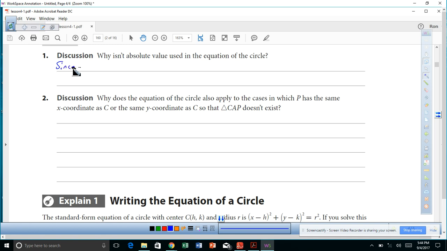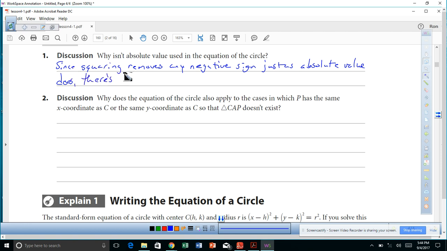Well, since squaring removes any negative signs, just as absolute value does, there's no need to take absolute value before squaring.